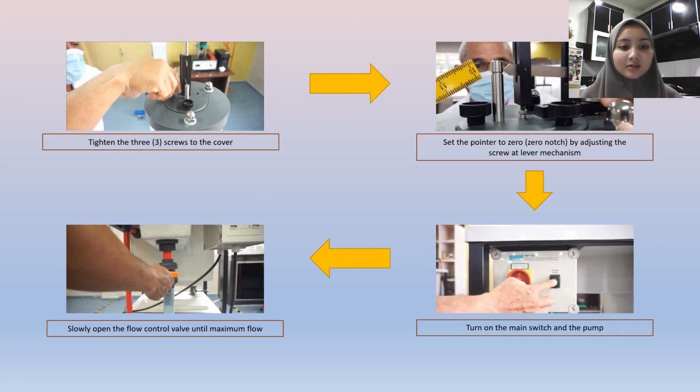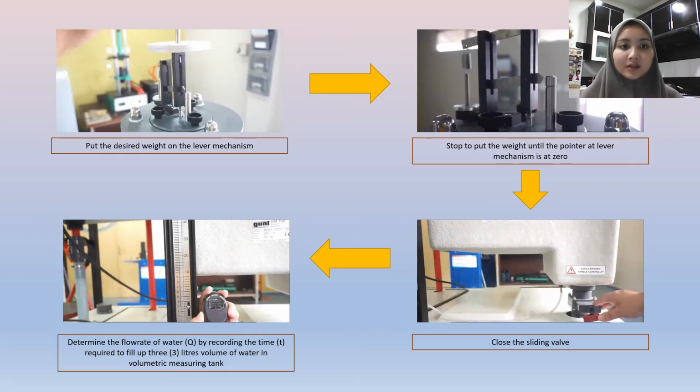The next one is to slowly open the control valve until maximum flow. Next, put the desired weight on the lever mechanism. This is the weight. Stop putting on the weight when the pointer at the lever mechanism is at 0, which is here. Next, close the sliding valve.